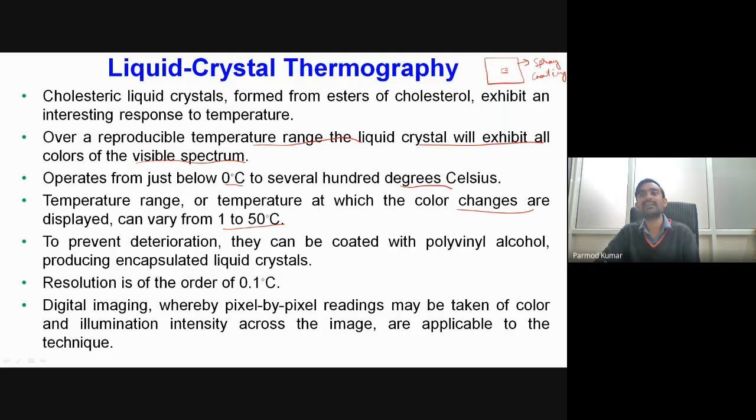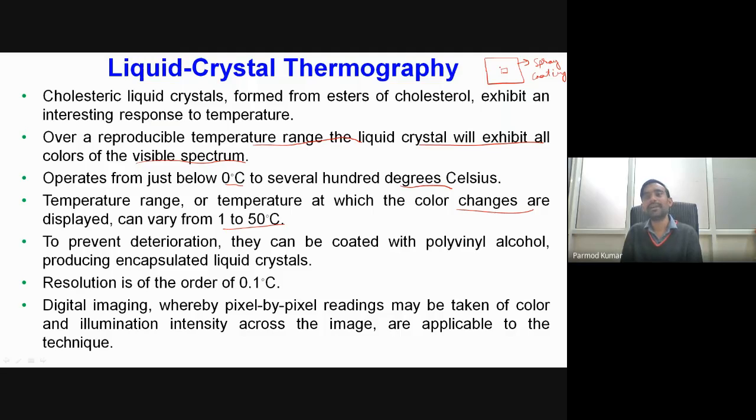So obviously these liquid crystals will show changes in color. For example, the crystals at the highest temperature will have red color, and as we move towards the lowest temperature side, we will have blue color, and in between we will have the change of spectrum of colors within the visible range.